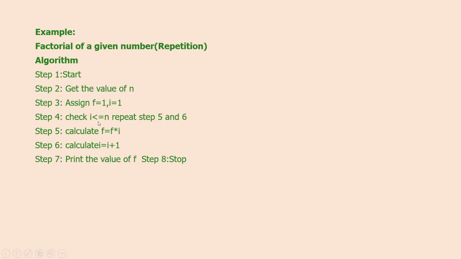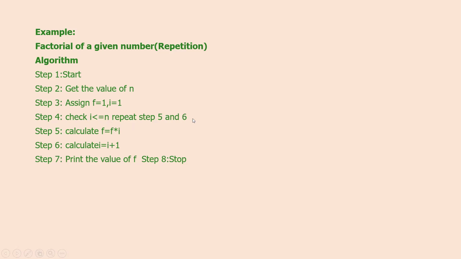Your initial value I starts from 1. The factorial value to be calculated is for the value n. Suppose n is equal to 5 and I is 1. Till I becomes 5, the loop has to execute. So check I less than or equal to n.